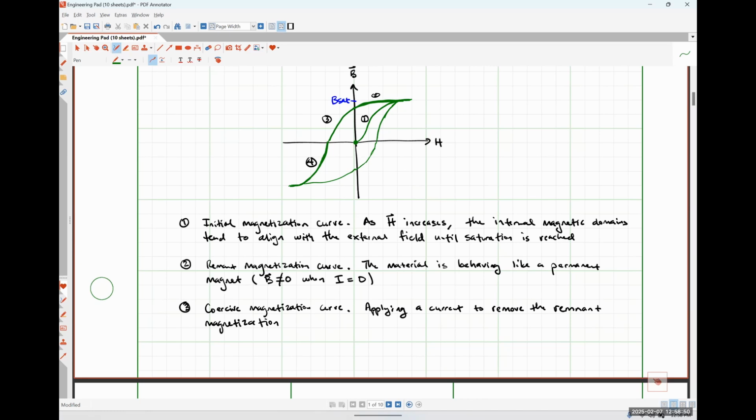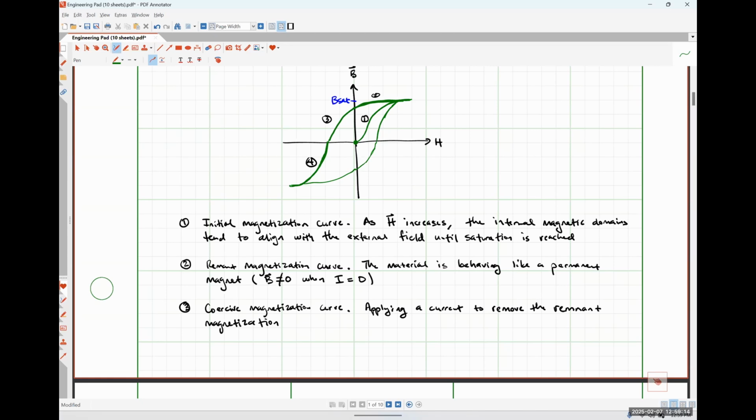So it's really the exact same thing that we saw up in our first quadrant. It's just the direction of the current has changed, okay? So if we apply a sufficiently negative H field or a sufficiently negative current, we're going to wind up hitting saturation just in the opposite direction, which is what's happening over here.